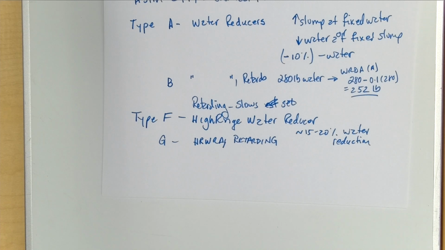Oh yeah, okay. A type E admixture is a water reducer that accelerates. What does acceleration mean? It compresses the time. Let's say it's cold outside. We want the concrete to set before it freezes. So we're going to want to accelerate it.